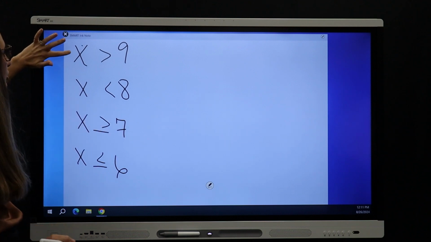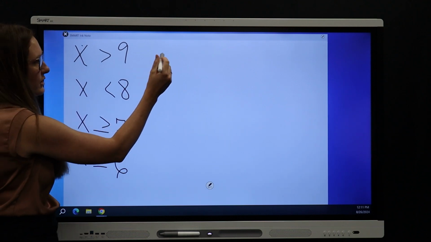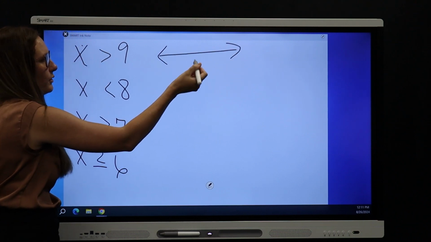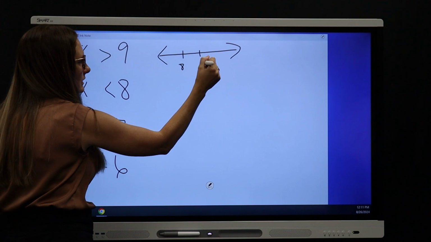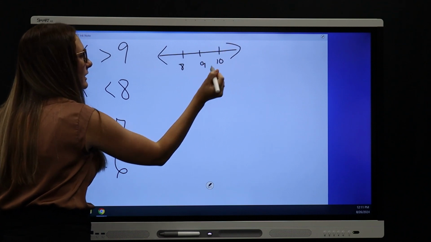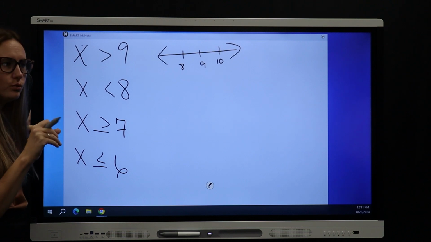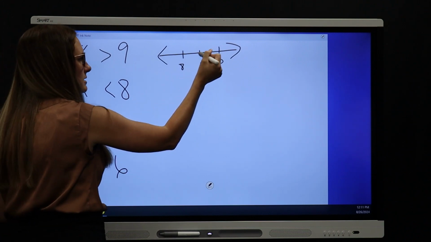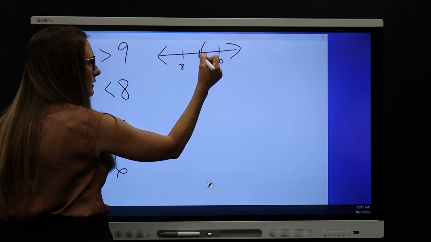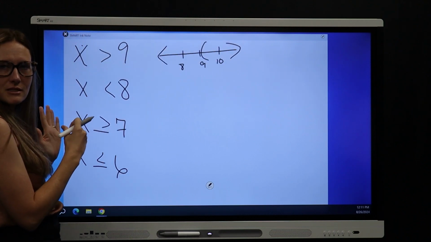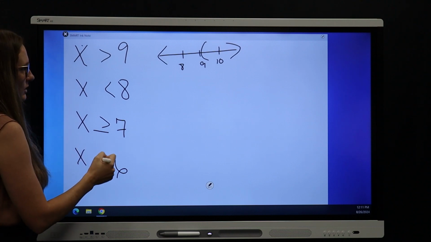So if I was to graph this one right here, these graphs are going to be ugly, heads up. So 8, 9, 10. If it is greater than and not equal to, we use a parenthesis. So this would be a parenthesis, and it faces whichever way this arrow is going as long as X is first. I might add that down here.